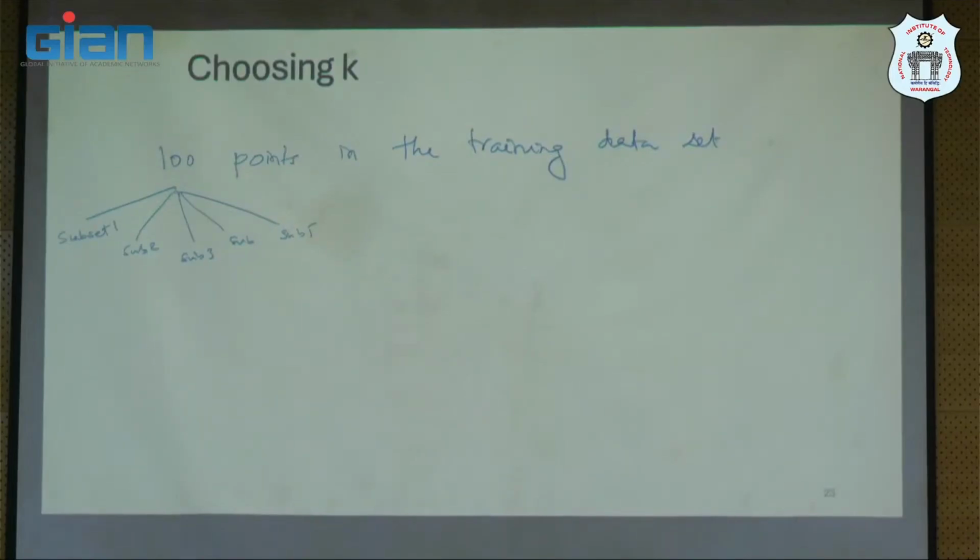These subsets are given a name called fold, and what I have created is 5 folds. What I will consider now is, of the 5 folds, 4 folds as training data and 1 fold as validation data.